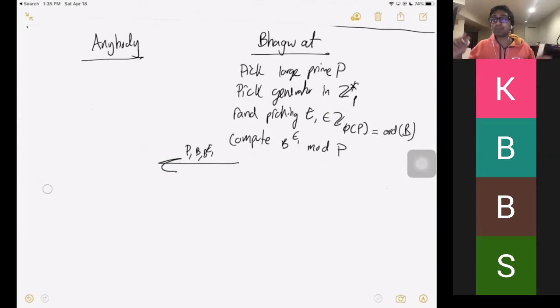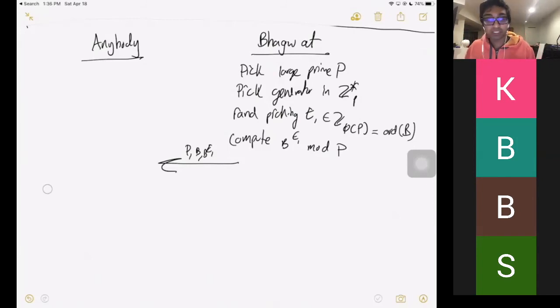You don't know what it is, but use this information to send me a message in a way that only I'll be able to read. You can think about Bhagwat as having a blog, with P, B, B to the E1 posted at the top, and a bunch of people posting ciphertext messages underneath. Nobody can read each other's ciphertext messages except Bhagwat, who can scroll through his blog and see what each person is telling him.